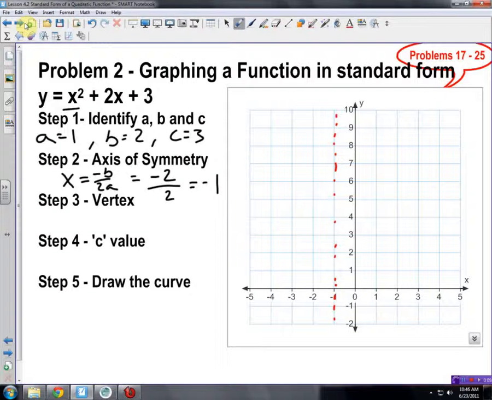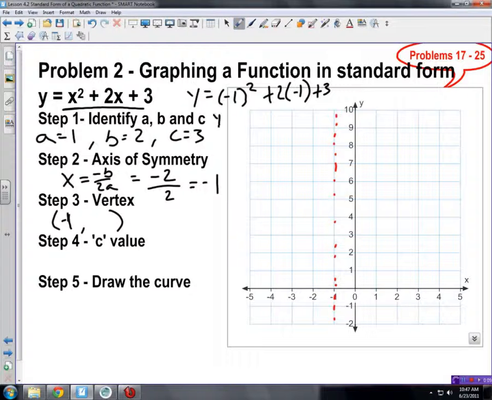Then let's find out what the vertex is. The vertex has to be on the dotted line somewhere. We know that the first point is negative 1. The second point is found if I plug negative 1 into this equation. So I'm going to have y is equal to negative 1 squared plus 2 times negative 1 plus 3.